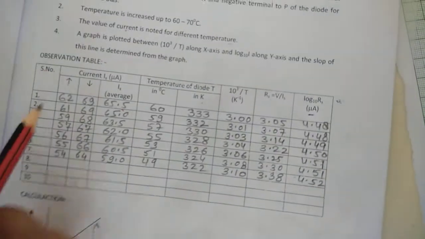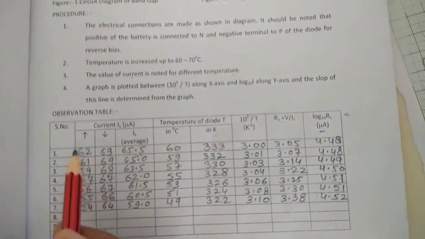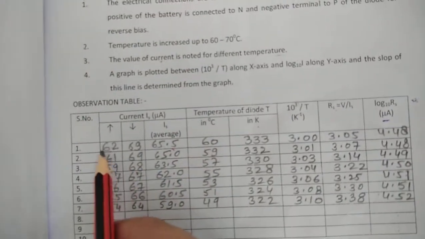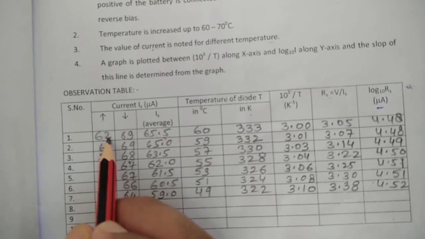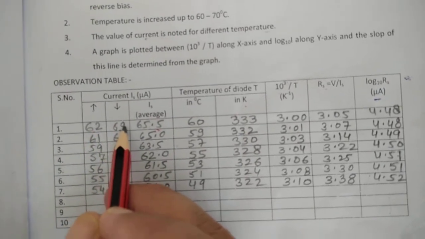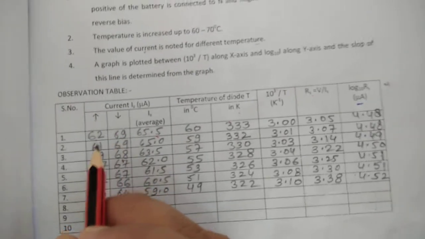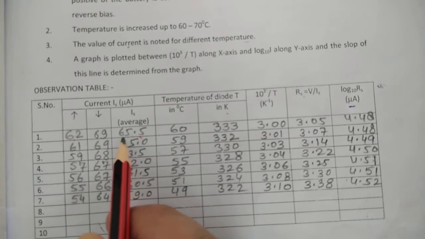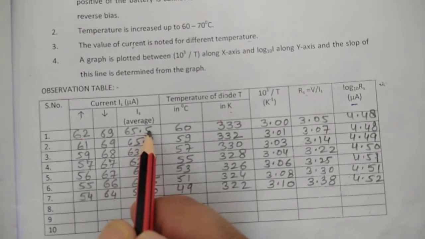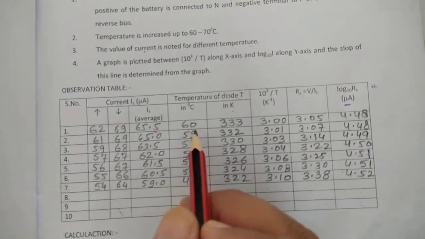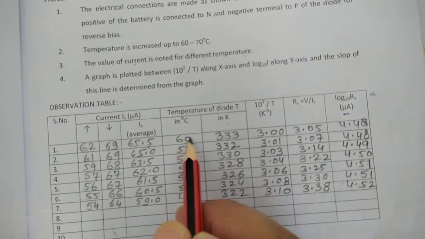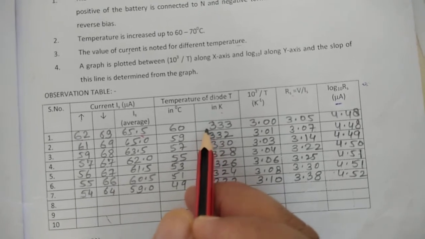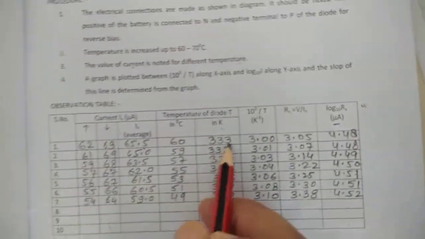Now, for example, for one particular observation, if we are getting current 62 microampere and 69 microampere in increasing and decreasing order, the average of the current is 65.5 microampere, while temperature was 60 degree centigrade. It has been converted into Kelvin, so it is 333.